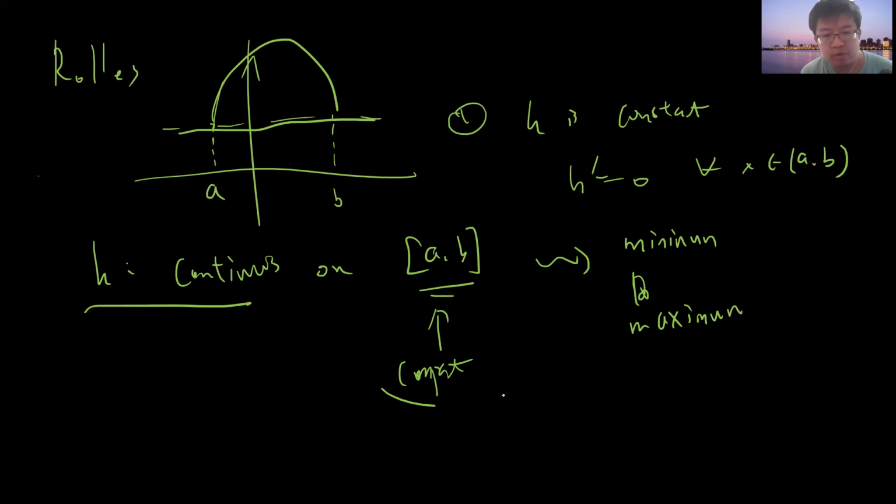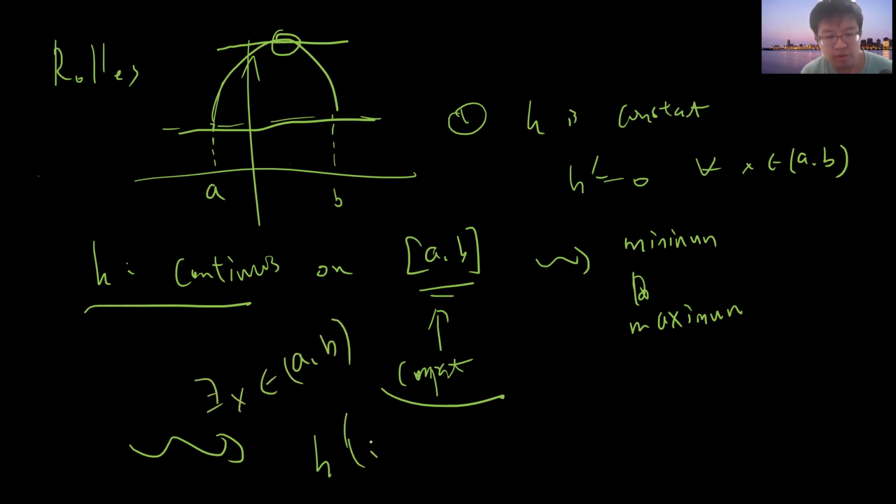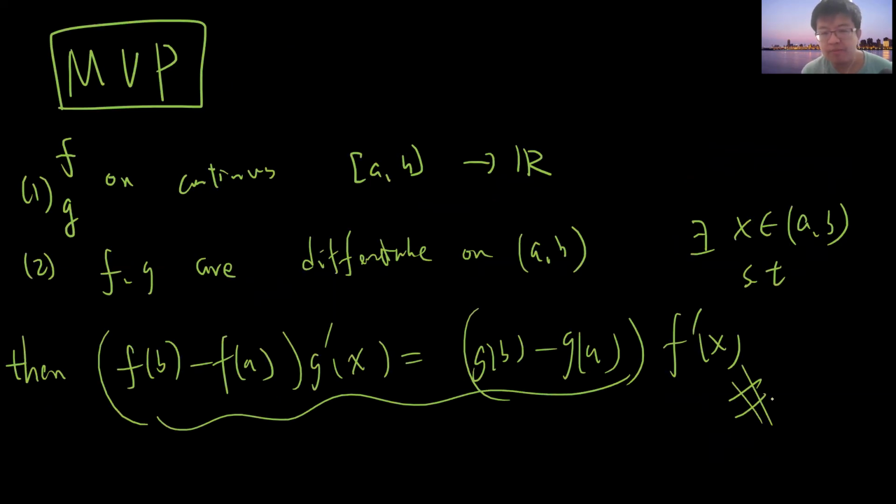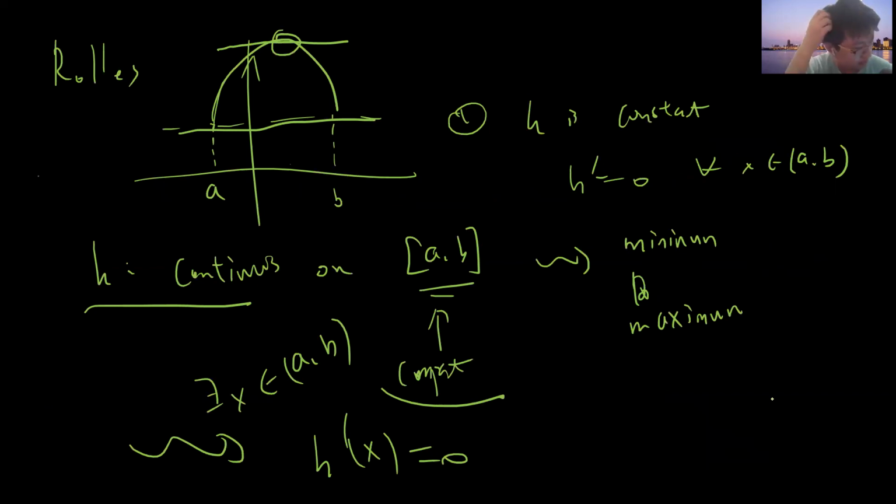So there must be some point which is a global minimum or global maximum, which is definitely a local extremum. So from the previous theorem, you easily get that there is an x in (a, b) such that h prime of x is 0. You just take the derivative and put x in, and you prove this theorem. Yeah, simple proof.